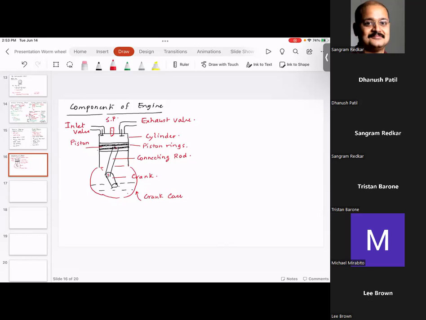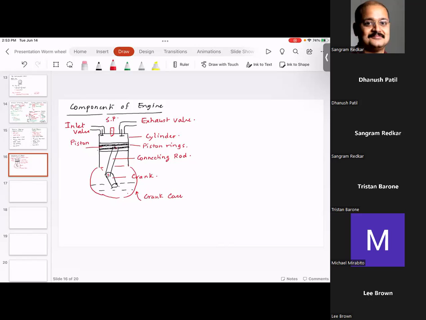After the spark is ignited, the whole working fluid burns, there is a spontaneous combustion, and because of that combustion, high heat is generated, high pressure gases are generated.